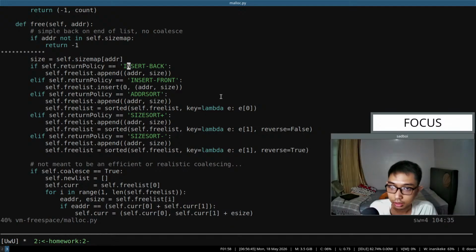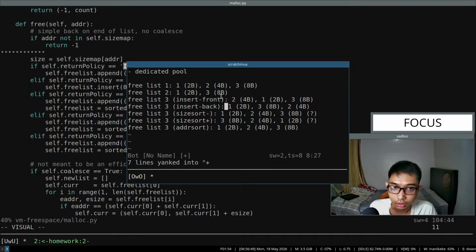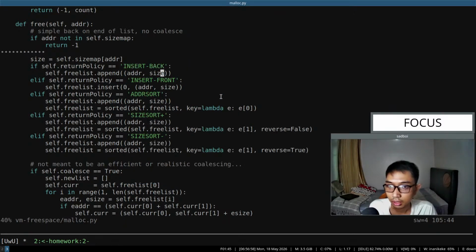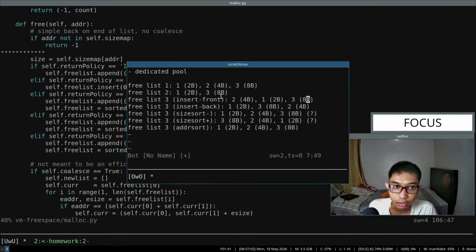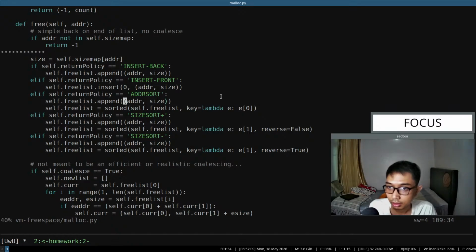In this case, insert back means we are inserting in the back, appending to the list, right? And then insert front in here means that we are inserting at the beginning of the list. Oh, free list append.